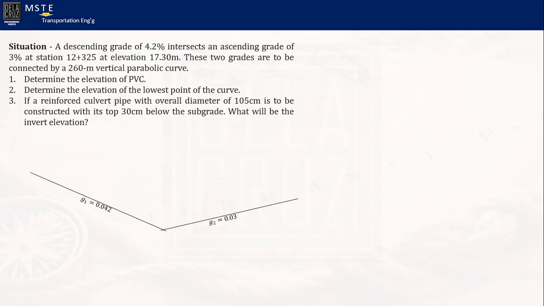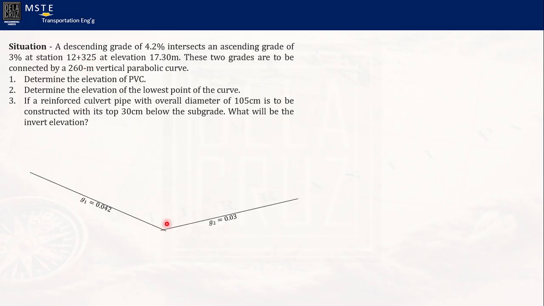So these are the tangents. We have here a descending grade of 4.2%, so basically this is a negative or downward grade, and it intersects an ascending grade of 3% that would be going up, at station 12 plus 325.